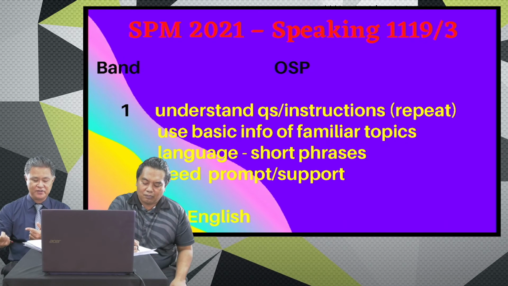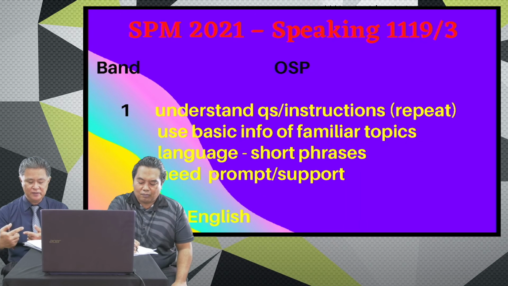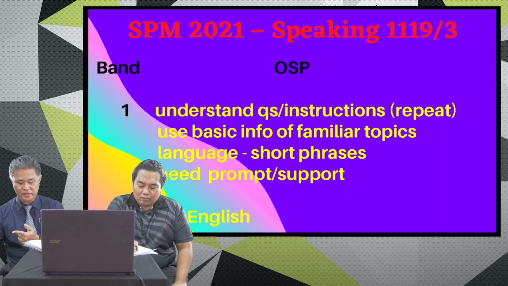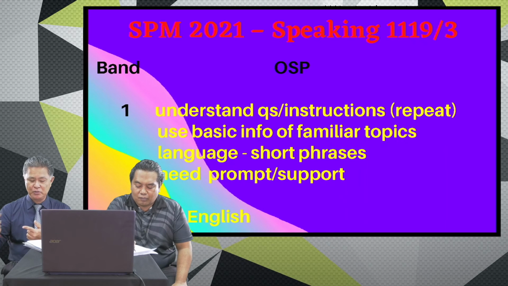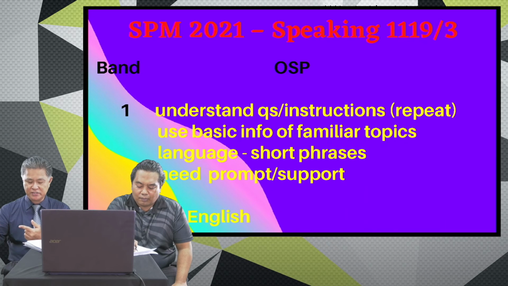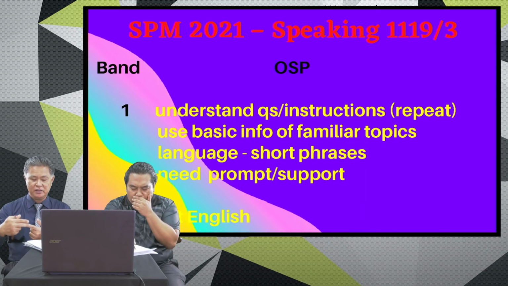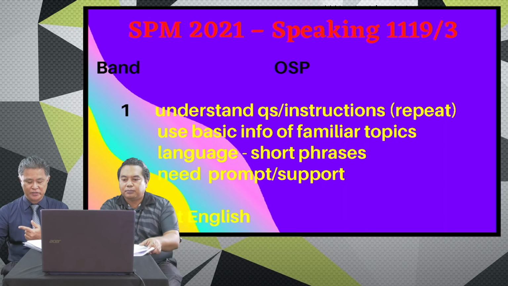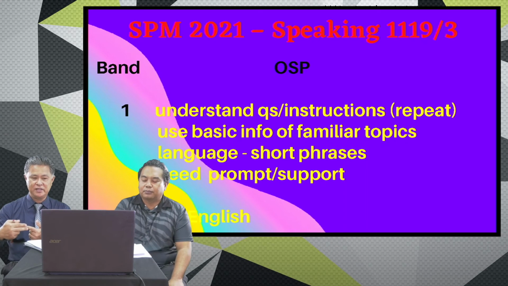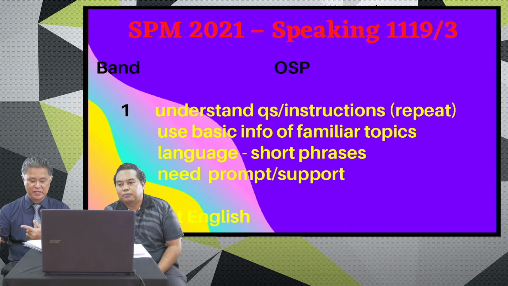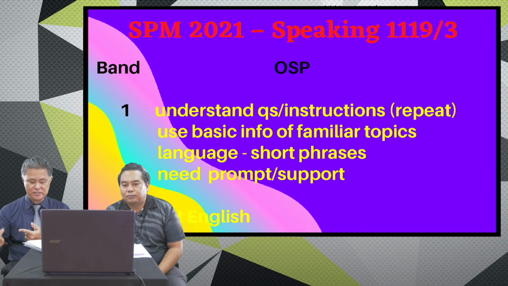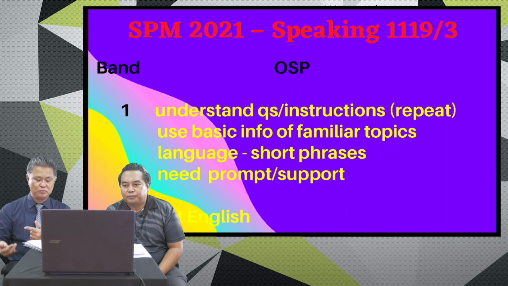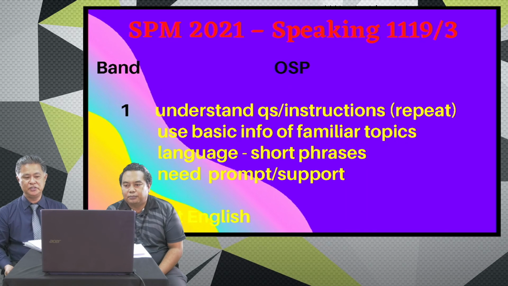Compared to band 3, who use simple and direct language, compared to band 5, who can produce some longer language structure, and compared to band 6, who have good stretches of language, band 1 have short phrases, and badly need prompts and support to continue.